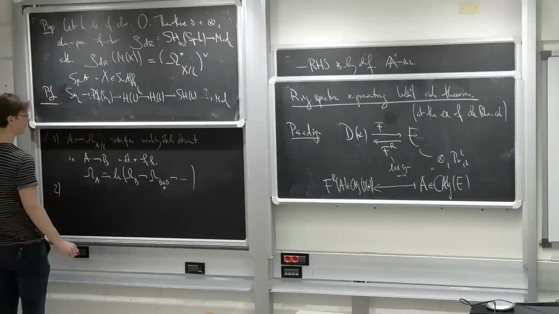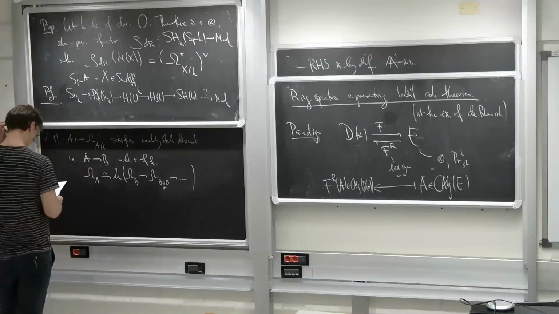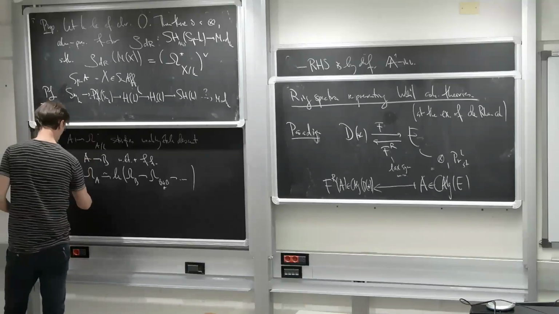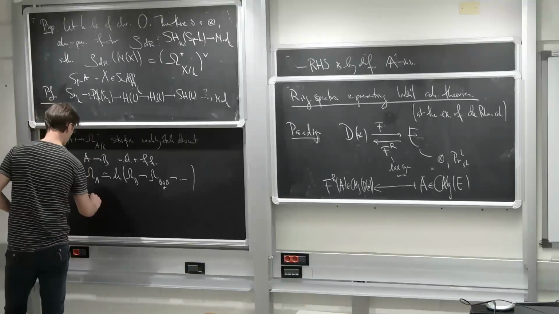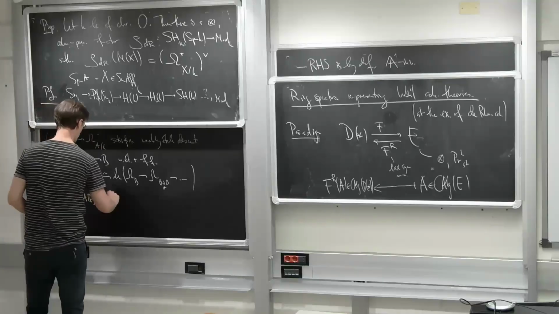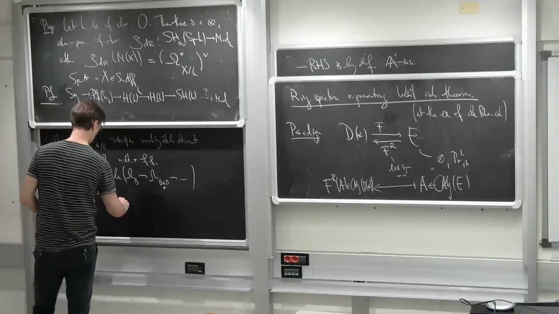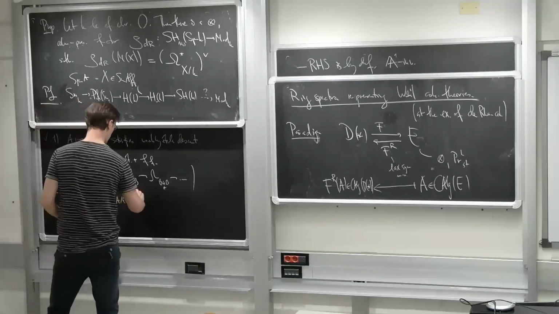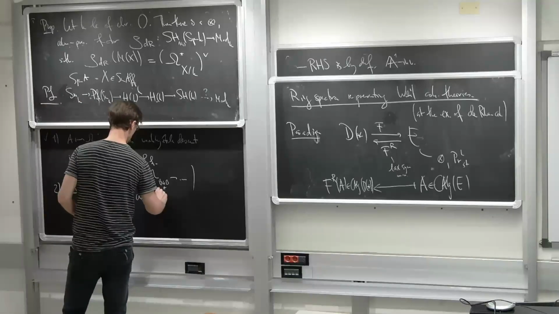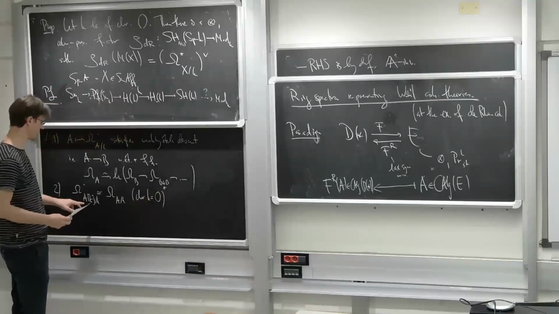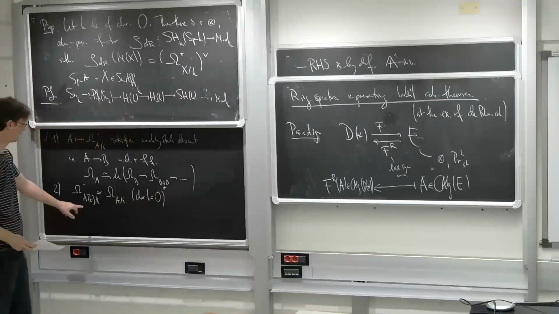Secondly, this is homotopy invariant. Omega A adjoin T is quasi-isomorphic to Omega A. Here we use that the characteristic is 0. If you think about it, you realize this works.